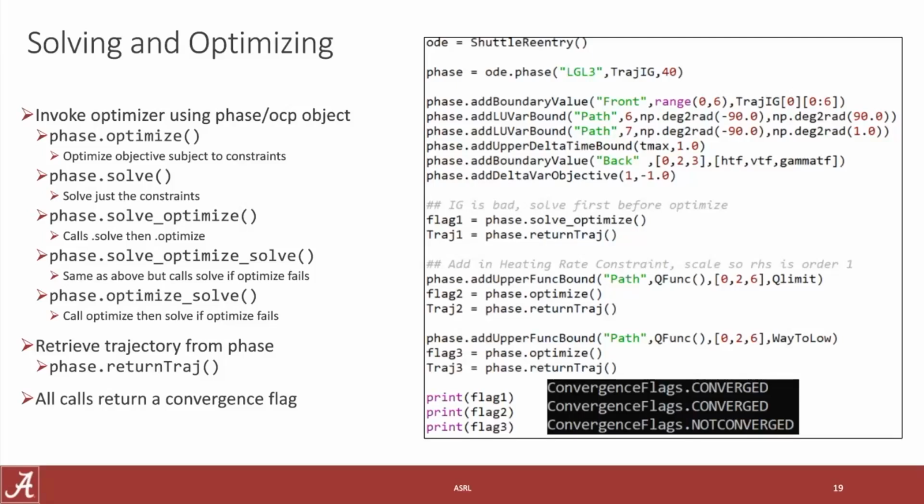No, so we don't cover it in this training just for the sake of time, because it's a fairly simple addition on top of what we're talking about here. There's a completely automated mesh refinement algorithm. It's covered in the tutorials in the documentation. Everything we talk about today is a prerequisite to that.